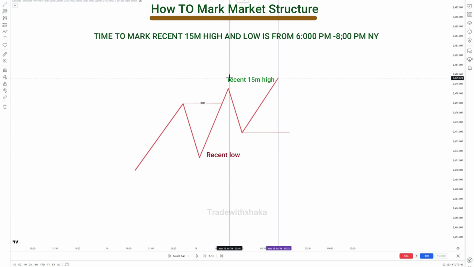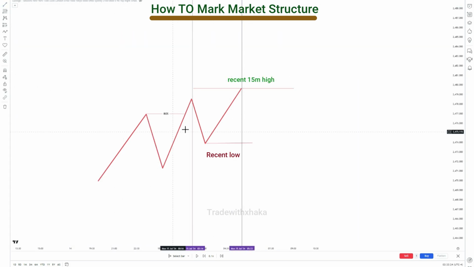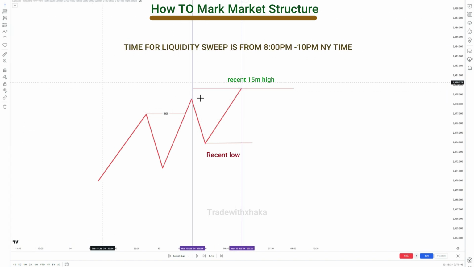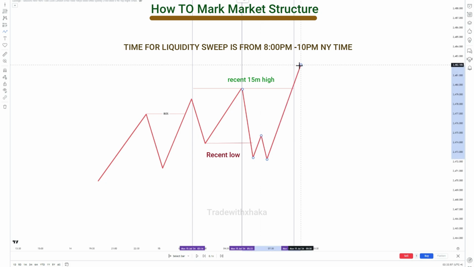After marking off your recent highs and lows, from 8 o'clock p.m. to 10 o'clock p.m. New York time, you'll be looking for price to sweep this recent low, because the price was in uptrend. I hope I'm making sense now.